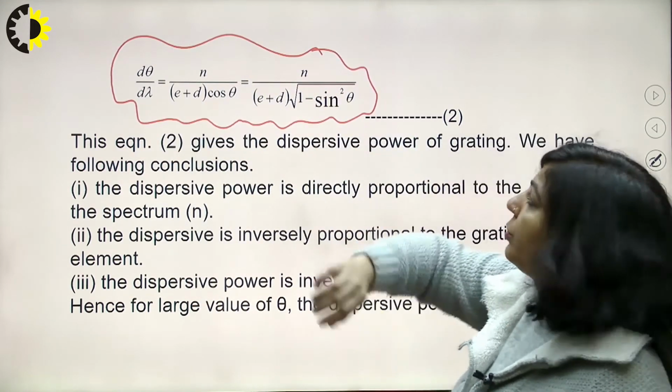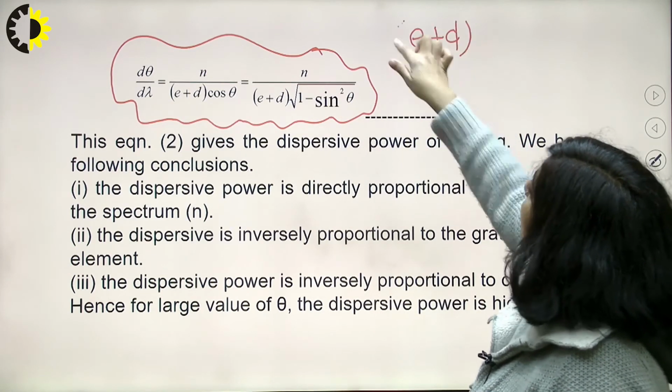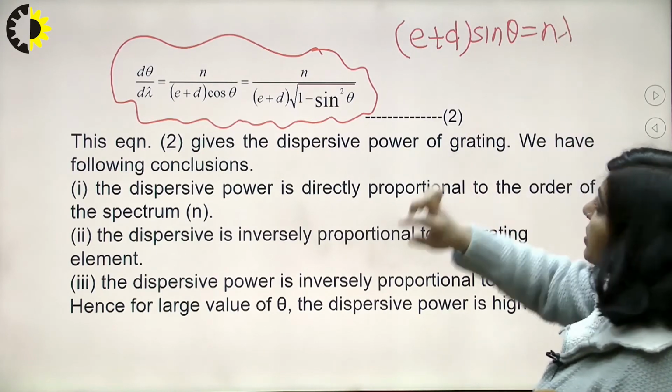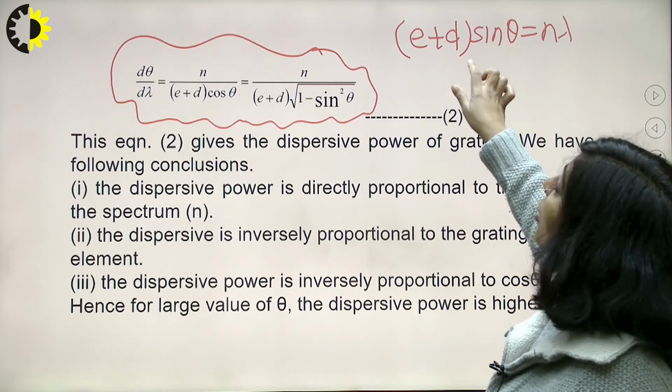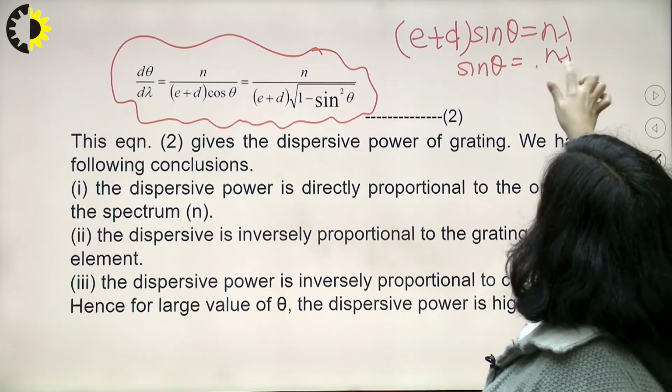And you also know from the grating equation that (e plus d) sin theta is equal to n lambda. Clear? From this grating equation, sin theta will be equal to n lambda upon e plus d.